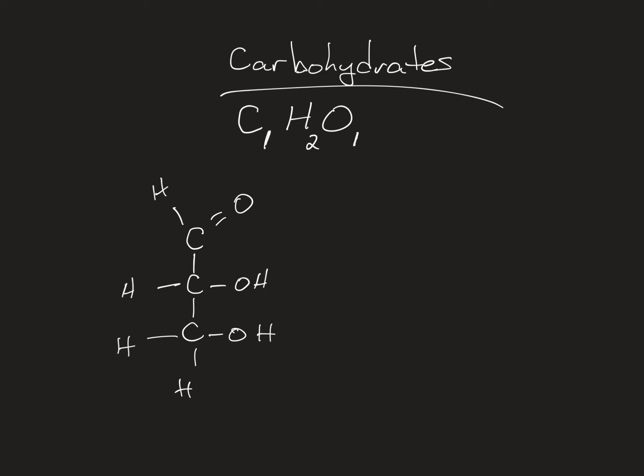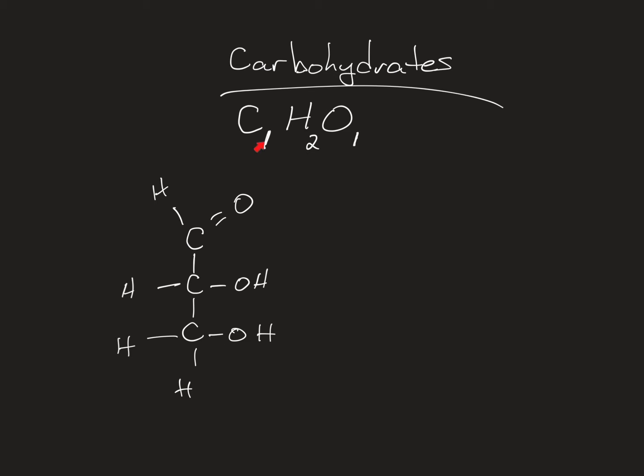Now, if you count these, you got 1, 2, 3 carbons. So how many hydrogens would you expect with 3 carbons? If this were a 3, and for every 1 you get 2 of these, you'd expect 6 hydrogens. Let's count them. 1, 2, 3, 4, 5, 6.